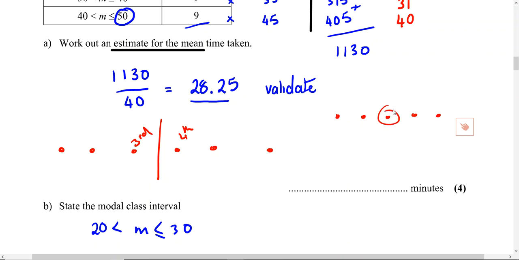That's the middle. So I know it's the third thing. So a way to do it is to add an extra point in the middle. That's the plus 1.